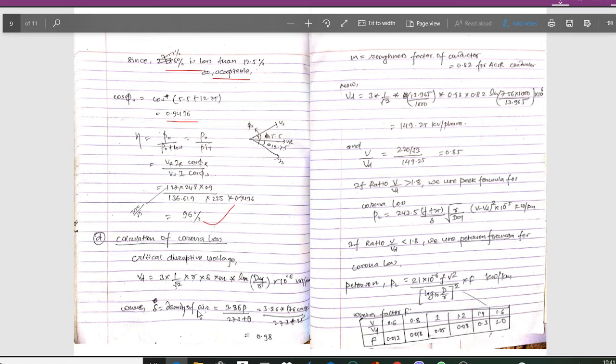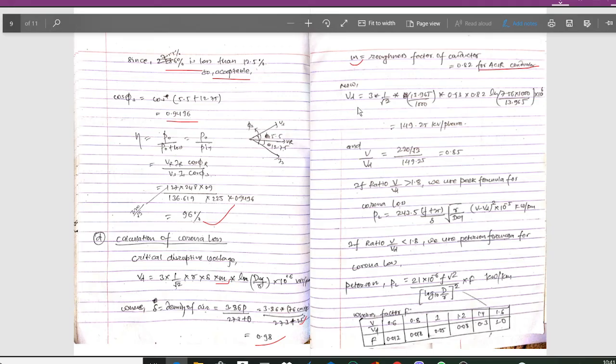Here del is the density of air, and it can be calculated as 3.86 P upon 273 plus theta, where the value of P will be 76 cm of Hg and room temperature is 25 degrees Celsius, so you'll get 0.98. Similarly, here we have the term M, which represents the roughness factor, and its value is 0.84 for stranded conductors.